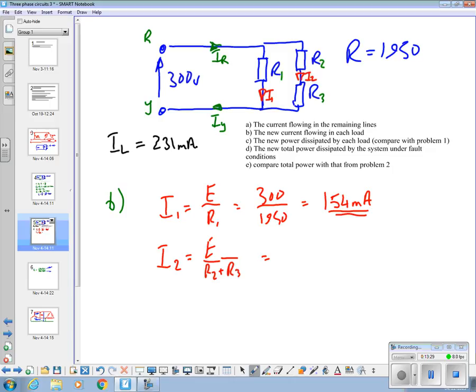That's 300 over 3900, which comes out at 76.9 milliamps. So two different currents now, because effectively that's paired up two of the windings together in series and the other one's in parallel with that.